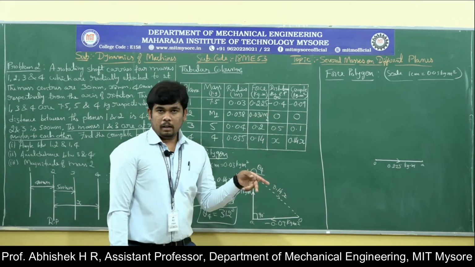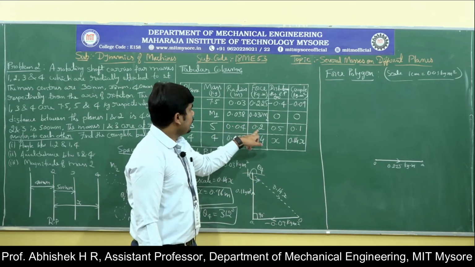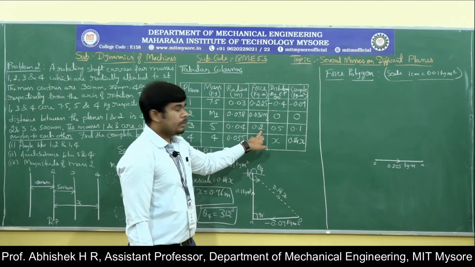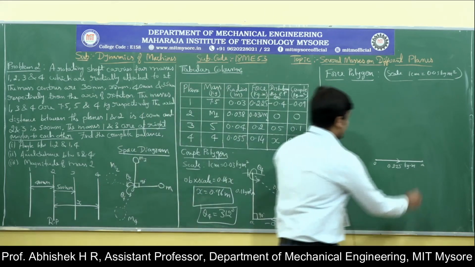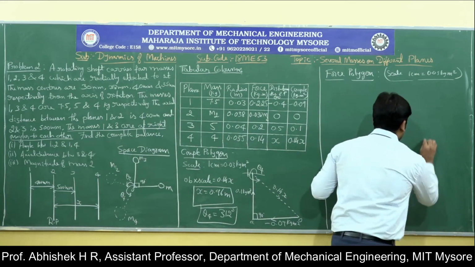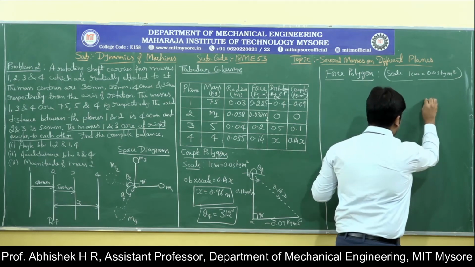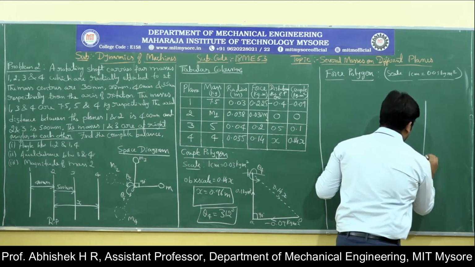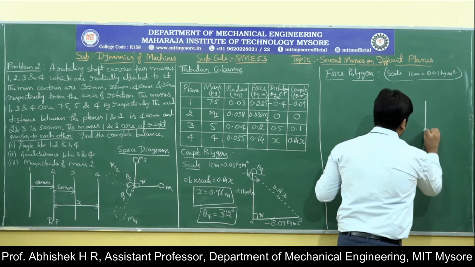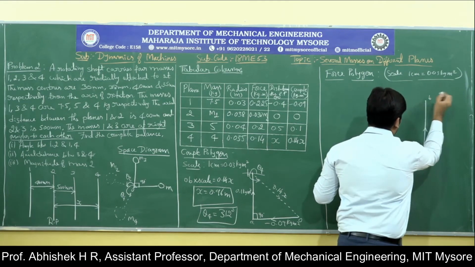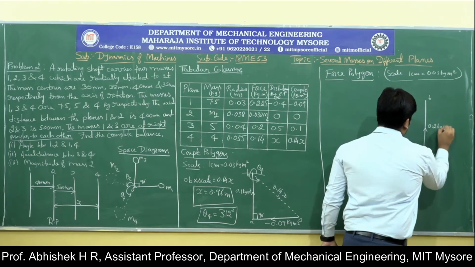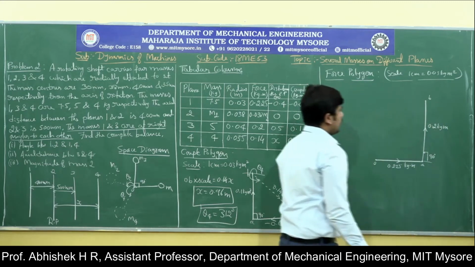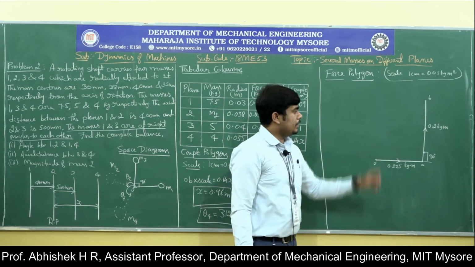So draw a line with respect to your plane 3, 0.2. For the converted scale reading, draw a line. So this will be 90 degree, this point will be B, and this is 0.2 kg meter.